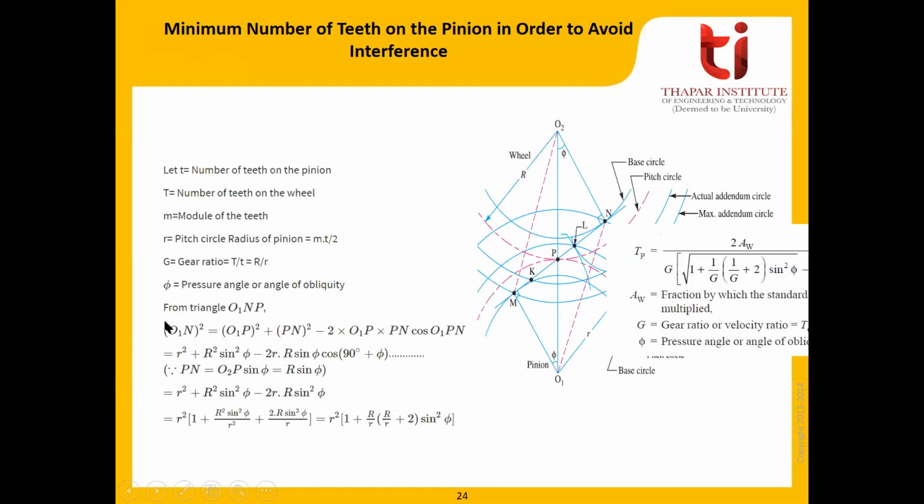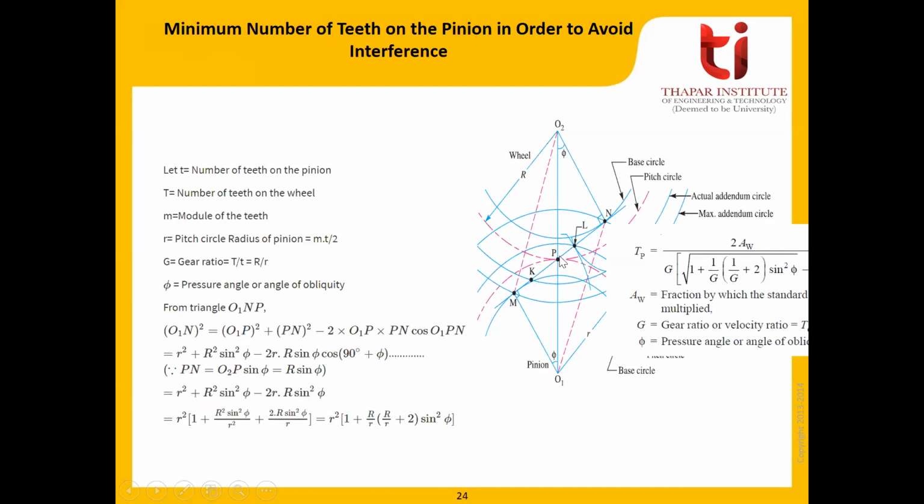From this triangle O1 and P, O1n square is equal to O1P square plus Pn square minus 2 O1P Pn cos of angle O1Pn. Here O1P is the radius of the pitch circle, so you can write r square.